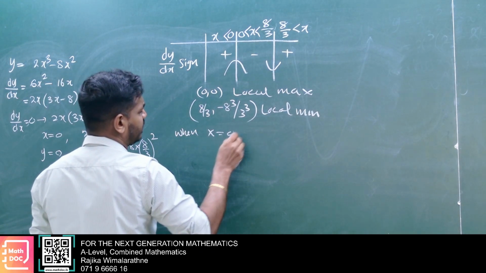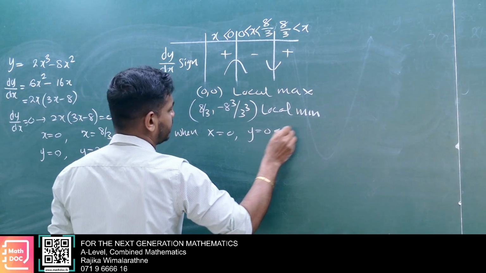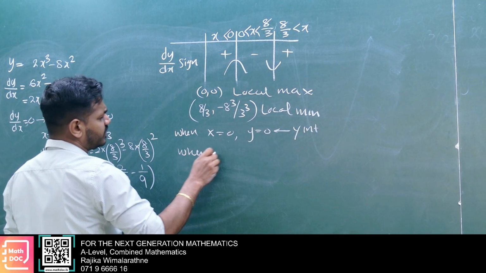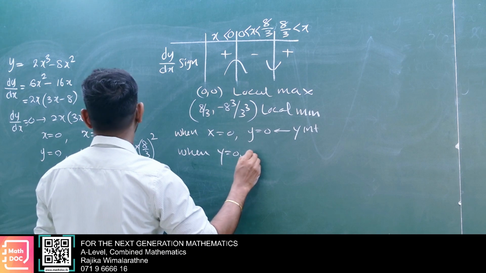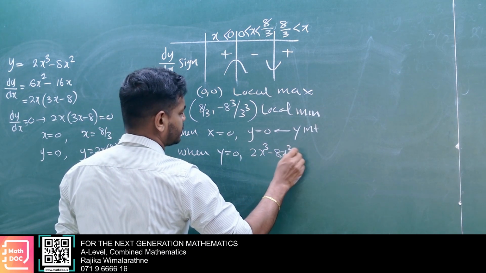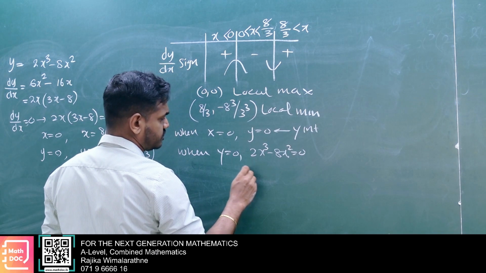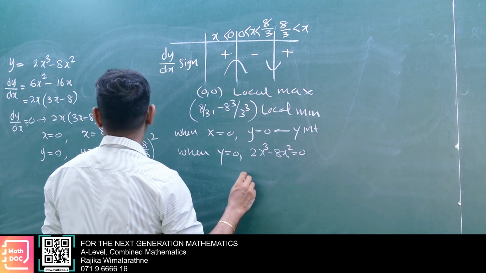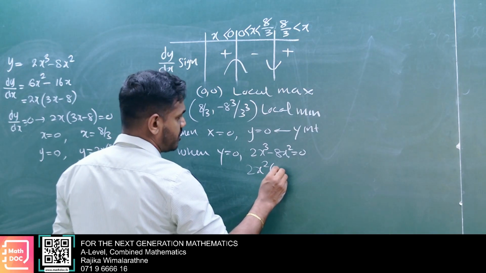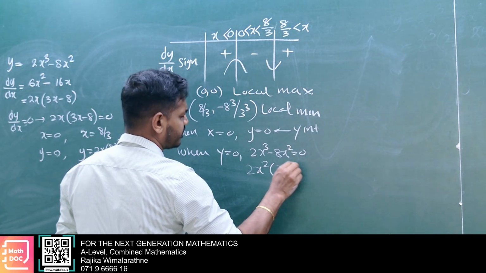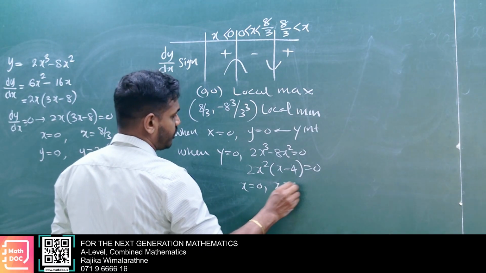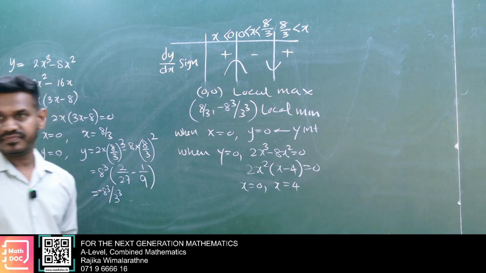When x is 0, y value is 0, the y-intercept. When y is 0, 2x cube minus 8x squared, take two x squared outside, x is 0 and x is 4, the x-intercepts.